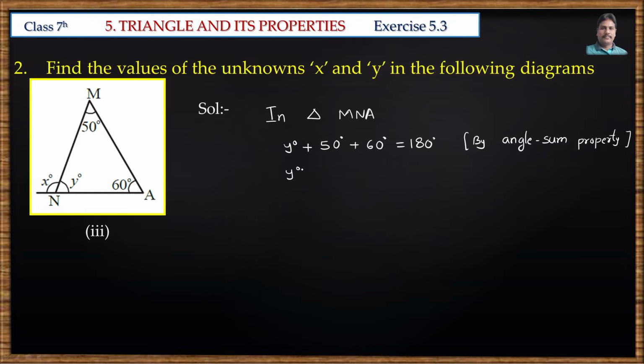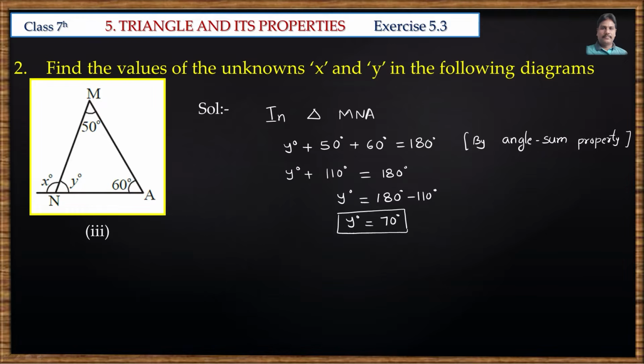Therefore, y degrees plus 50 plus 60, which becomes 110 degrees, is equal to 180 degrees. So, transpose plus 110 to the right side, it will become minus 110. So, y degrees is equal to 180 minus 110 degrees. So, y degrees is equal to 70 degrees. This is the y value we have got.